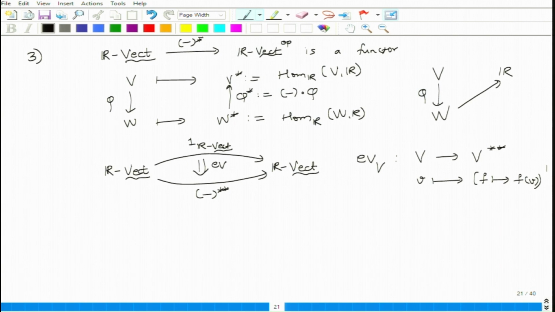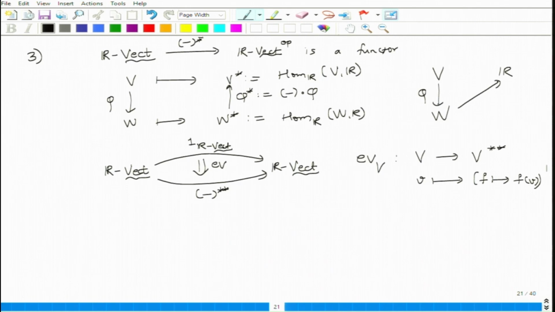Yeah, this you have seen in linear algebra, the double dual and evaluation. So always a vector space embeds inside its double dual via this map. But this is a natural transformation, and we are going to show that. Okay. So what do we need to show?